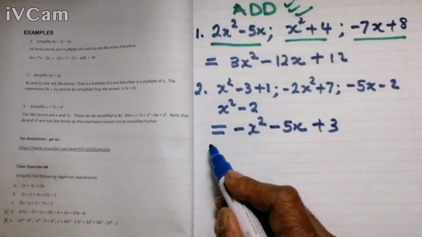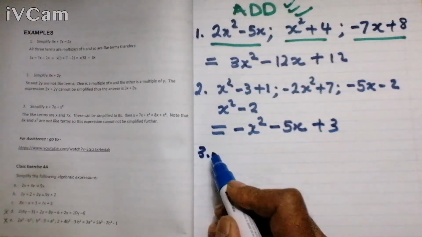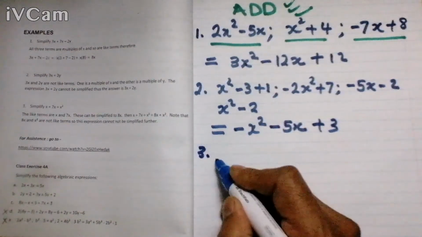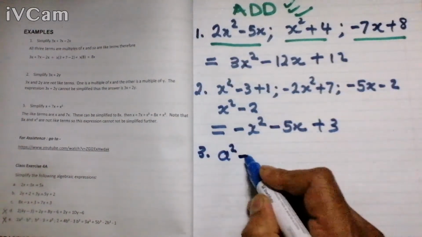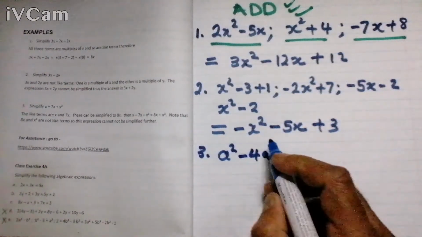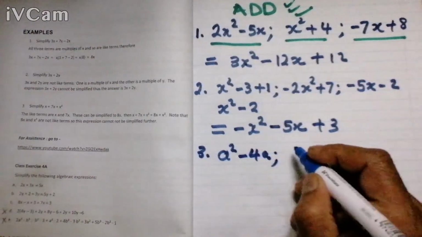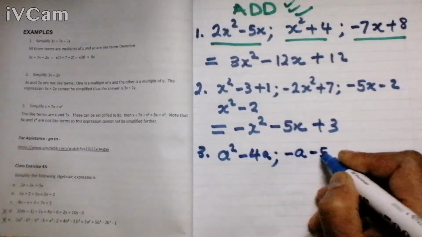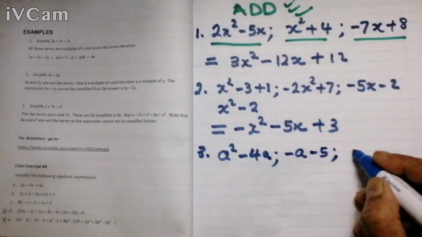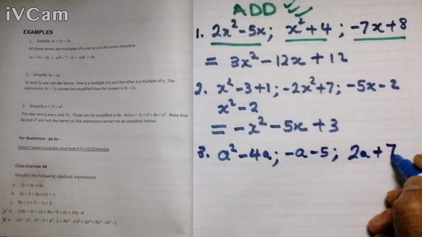Okay, let's look at number 3, which is a squared minus 4a minus a minus 5 and 2a plus 7.